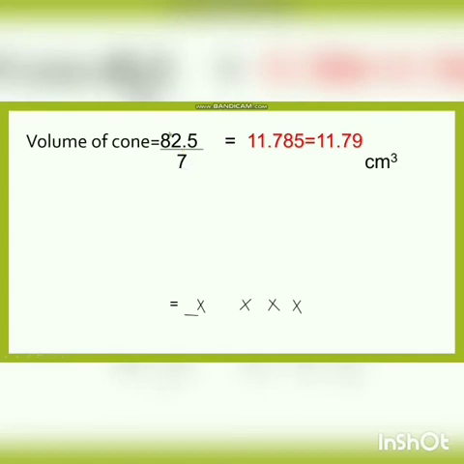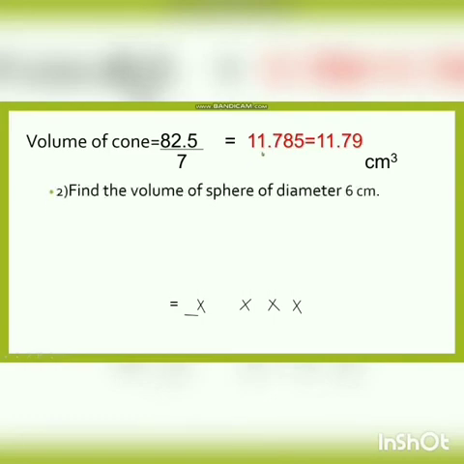After dividing 82.5 by 7, you get in next step, volume of cone is equal to 11.785, which is approximately 11.79 centimeter cube.